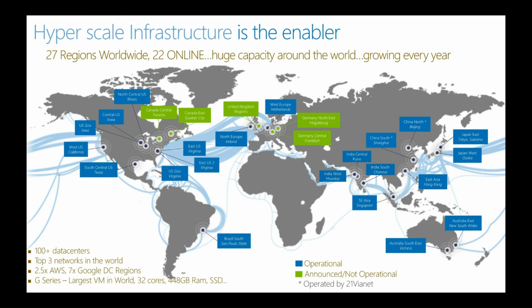Each region has a Microsoft Azure data center. You can select the data center nearest to you, so it increases the speed of accessing the application. In India we have three data centers, in Mumbai, Pune, and Chennai, so you can easily deploy your resources across these regions.